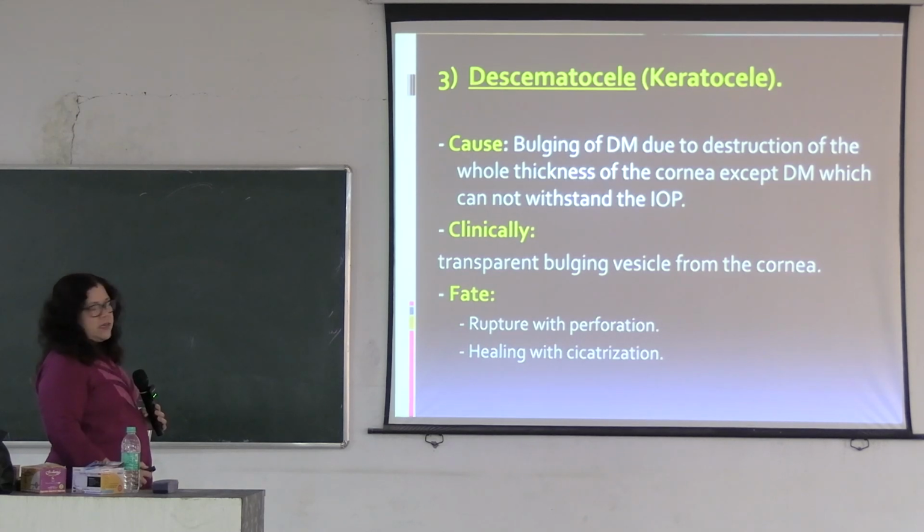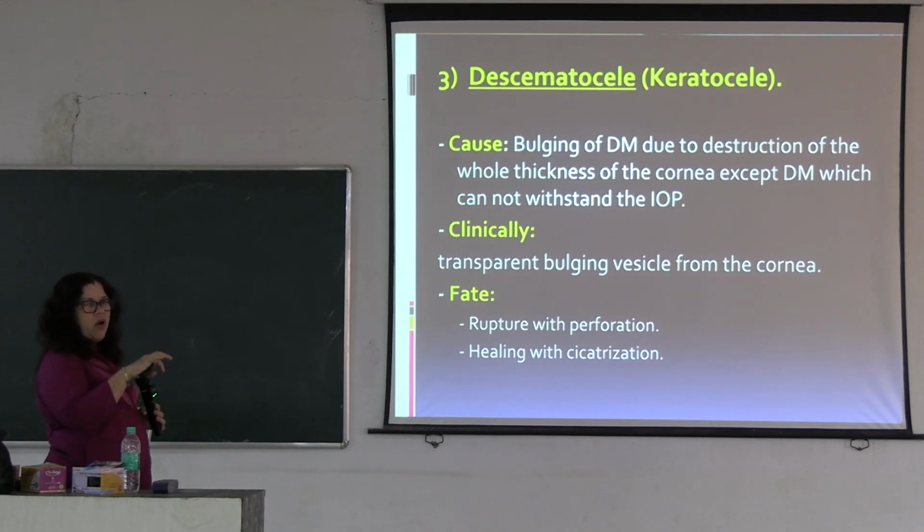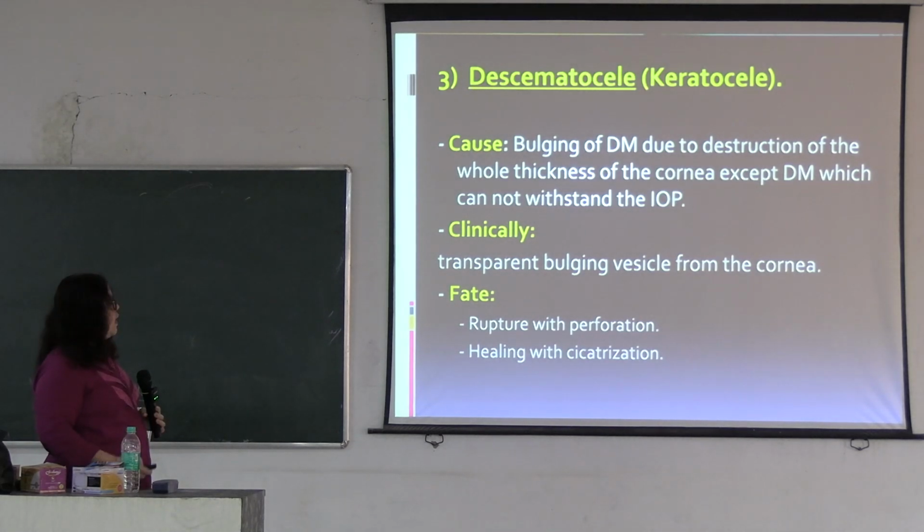So if the ulcer destroys the whole thickness of the cornea up to Descemet's membrane, the layers in front of Descemet's membrane are destroyed. This Descemet's membrane is transparent, and it bulges forward due to increased intraocular pressure. It becomes a sac-like structure, and that is called descemetocele.